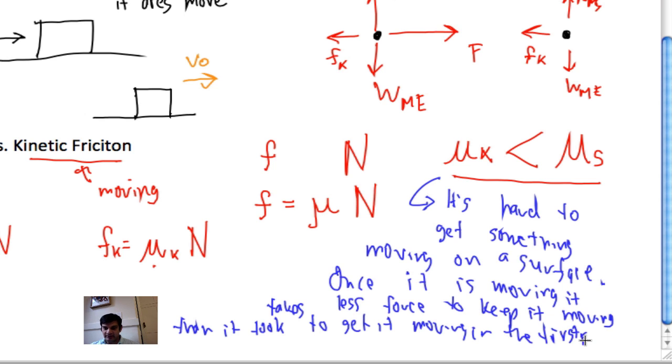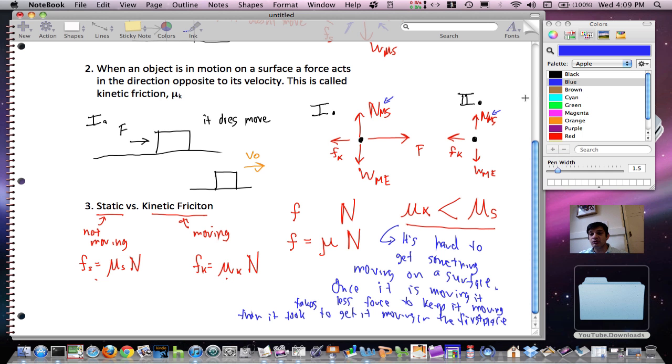I know that's bad handwriting, but whatever. So, again, it's hard to get something moving on a surface. Once it is moving, it takes less force to keep moving than it took to get it moving in the first place.